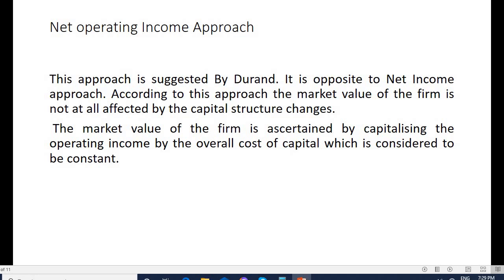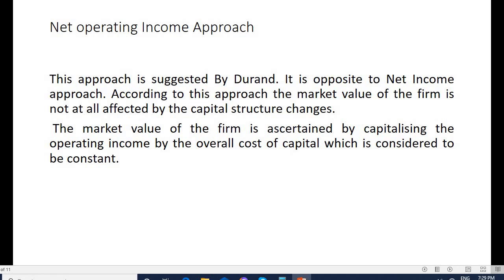According to this approach, the market value of the firm is not at all affected by capital structure changes. Whether you increase debt from 25 to 50 or 50 to 75 percent, it won't have any impact on the overall cost of capital and the value of the firm. Value of the firm and cost of capital are independent of the level of debt.